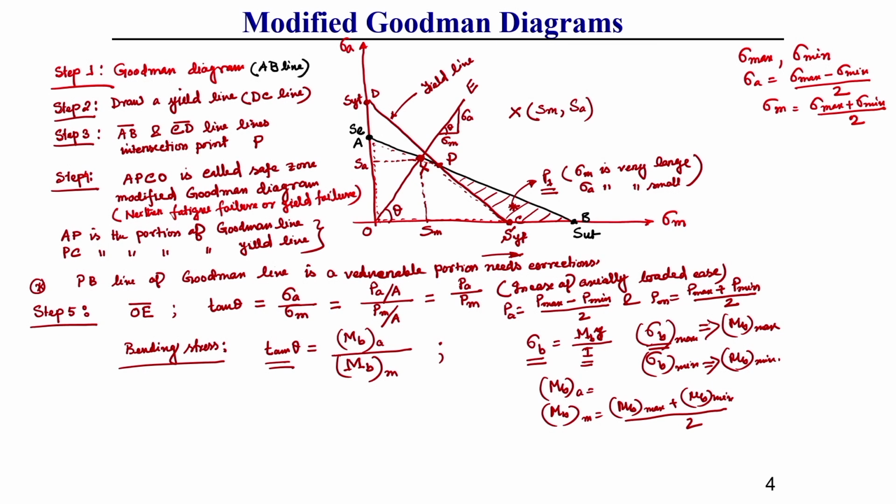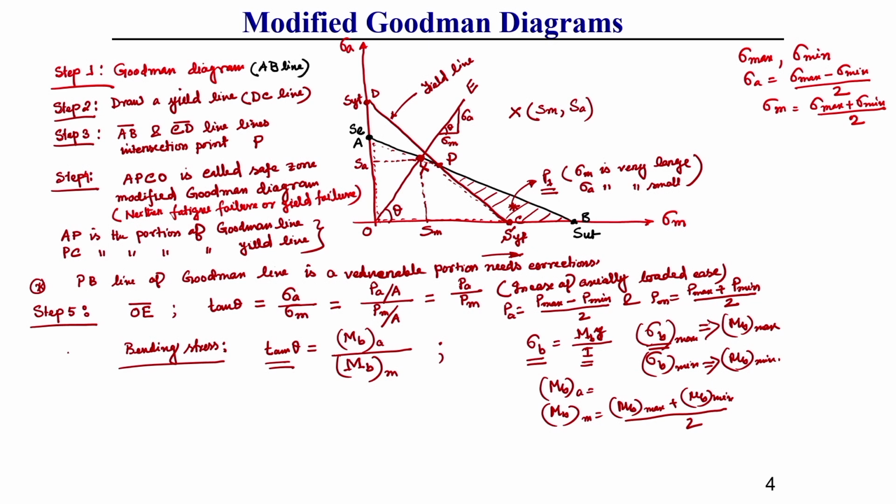The coordinates of point x represent the limiting values of the stresses, which are used to calculate the dimension of the structural component subjected to fatigue stress, like S M and S A. So x represents the limiting value.